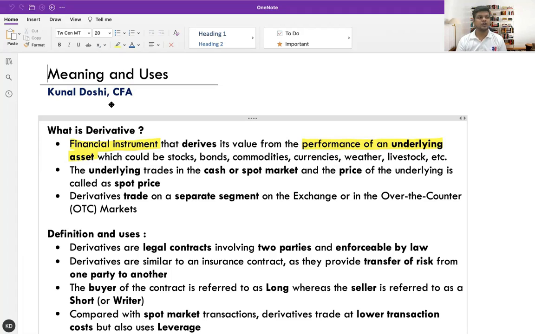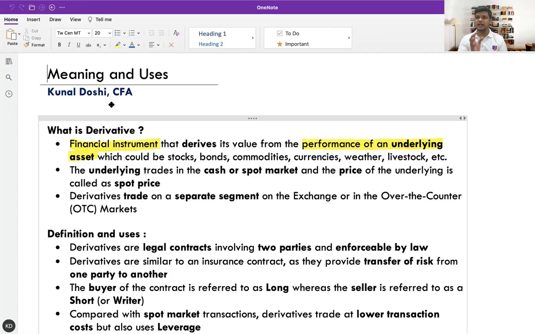Correct. So here, that wooden chair is a derivative instrument. Why? Because its value is derived from the value of the wood. Am I clear? So, what is the derivative here and what is the underlying here, in the example that I gave? Derivative is chair, right? And the underlying asset is wood.